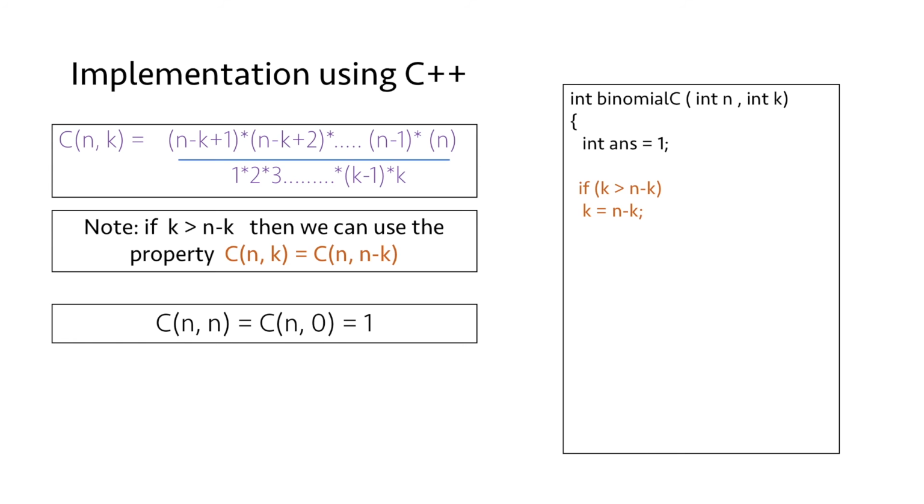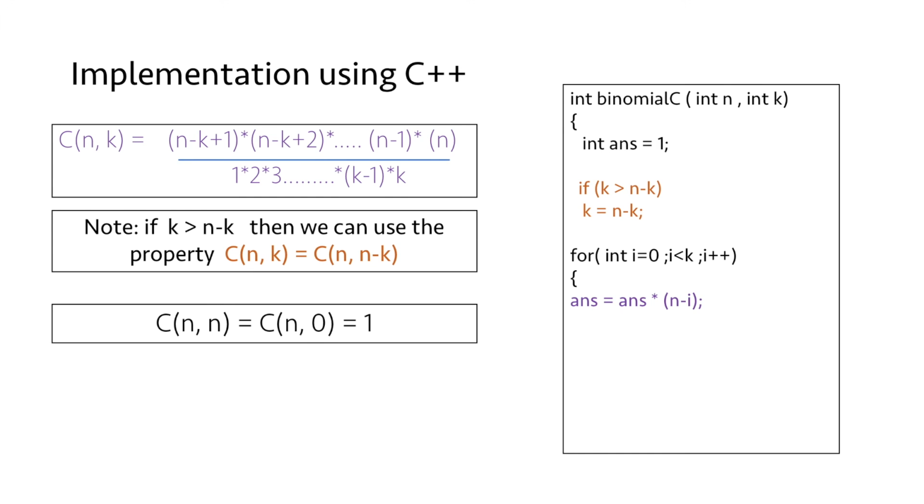Next, we check our condition that if k is greater than n minus k, we make k equal to n minus k. Then we start our for loop for i equal to 0 and i less than k, that is, our loop will run k number of times. One thing to note here is the number of terms in the numerator after the optimization is k, as we have subtracted the n minus k terms from n, and the number of terms in the denominator are also k.